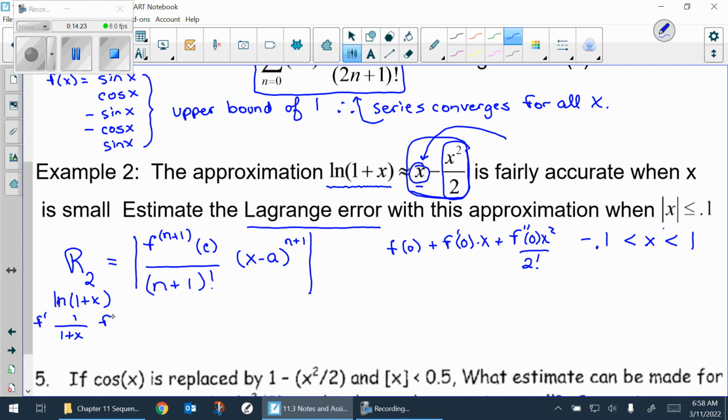The second derivative, if I find the derivative of that, is going to be negative 1 over 1 plus x squared. And the third derivative is going to be 2 over 1 plus x cubed.